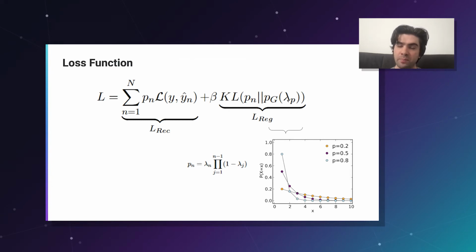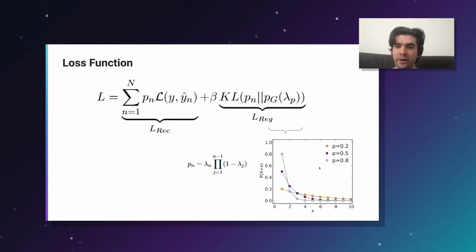Now, this lambda sub P is a hyperparameter that you pass to whatever your network is, and it determines what your baseline dropout rate should be. Maybe dropout's not the best term to use here, but it's your baseline distribution for when you halt.